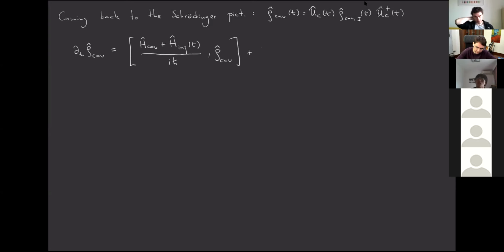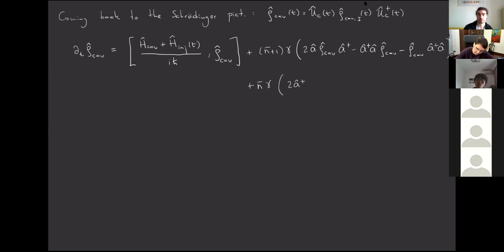And then we get the two terms that come from tracing out the environment, which is 2a rho cavity a dagger, minus a dagger a rho cavity, minus rho cavity a dagger a, and then plus n gamma, and the same, but exchanging a dagger with a.